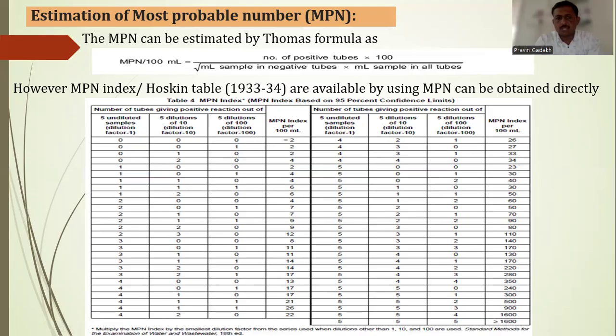So if we observe one tube from the first sample, two tubes from the second sample, and zero tubes from the third set, we can get the MPN index of that particular water sample. By adding that particular value, we can get the most probable number count of that water sample. So here we can normally use the table for the MPN calculation. Thank you.